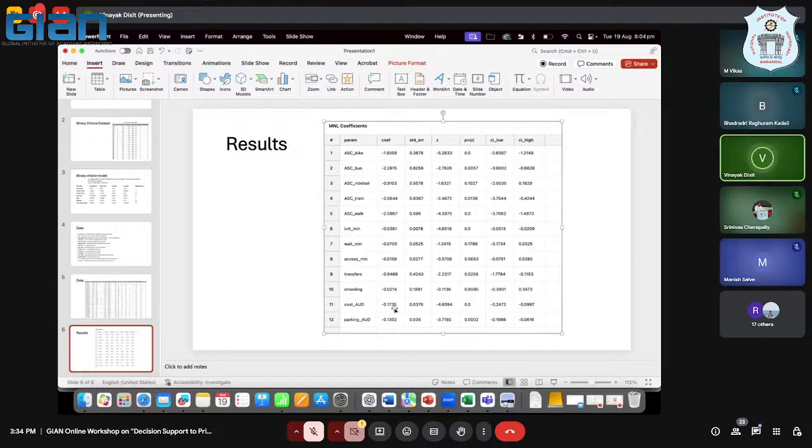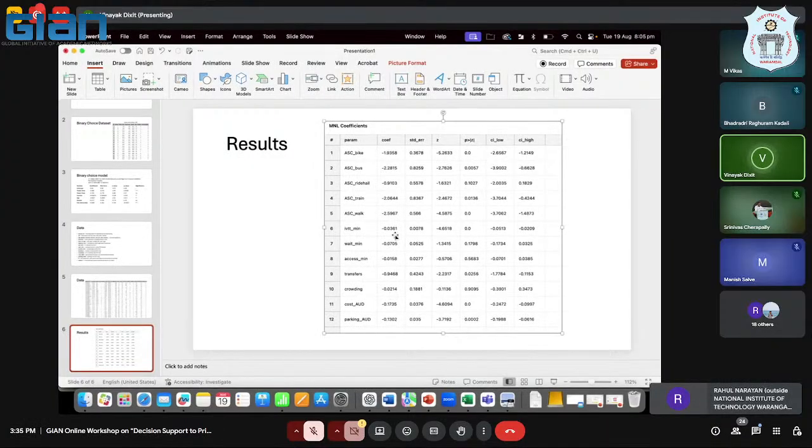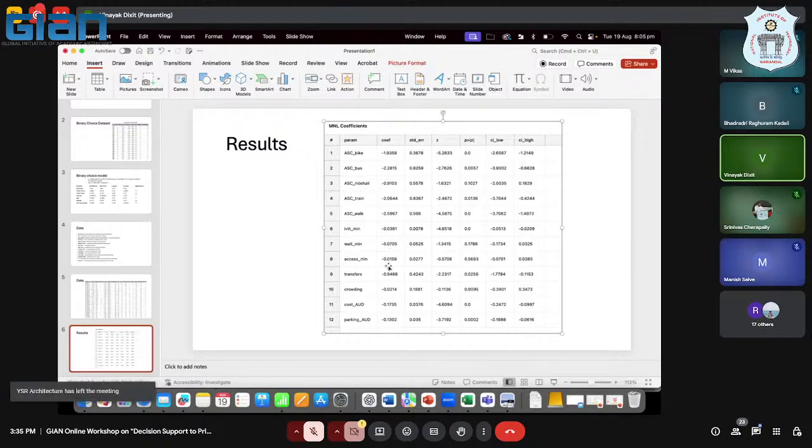So the way to find value of time is 0.17 divided by 0.03. That's roughly 18 divided by 3, or 17 divided by 4. So it's around 4 point something, 4.1 rupees per minute, per 10 minutes or per hour.